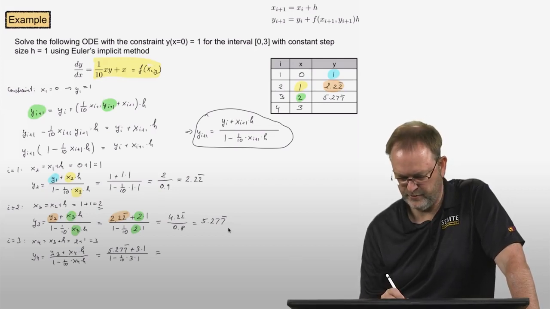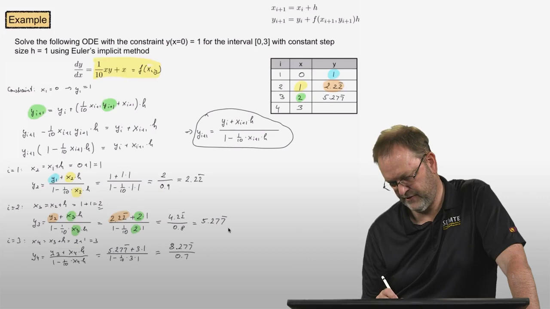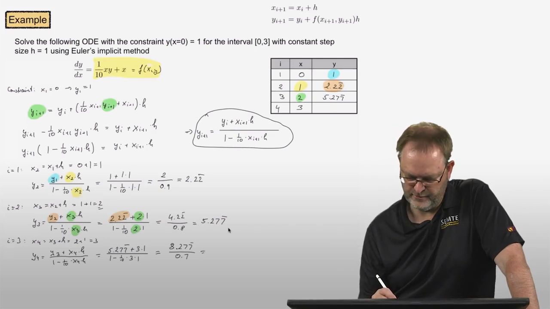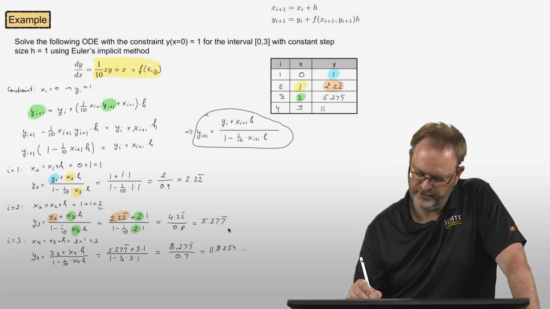So that's equal to 8.277 divided by 0.7, and that's equal to 11.8254, and so on.